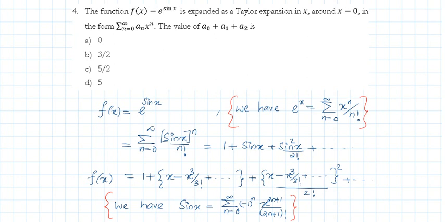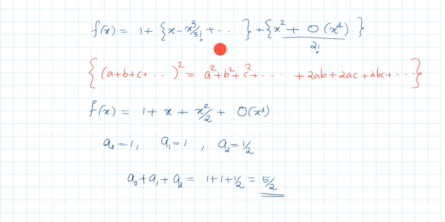Sin square x becomes x minus x cube by 3 factorial plus etc. the whole square divided by 2 factorial plus etc. Now this is what we have. 1 plus x minus x cube by 3 factorial plus etc. Then plus, what is a plus b plus c etc. the whole square?